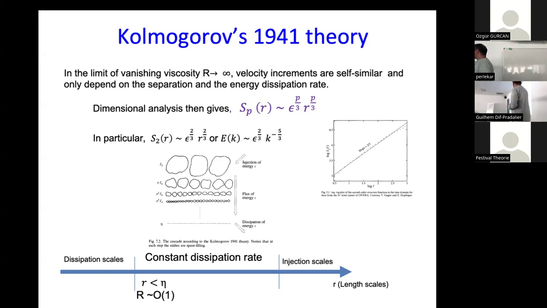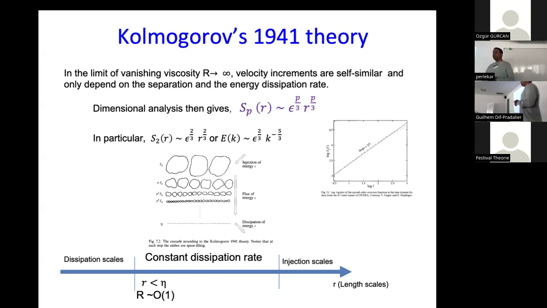And this is where Kolmogorov was amazing. Because what he came up with was the idea of a self-similar theory of turbulence, where one says that in the limit of vanishing viscosity, note, I'm not saying viscosity is equal to zero, but rather vanishing viscosity, having finite viscosity is important.